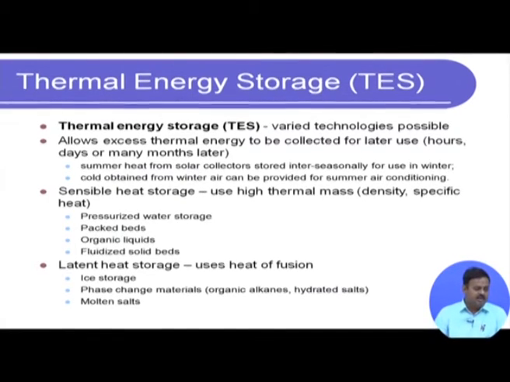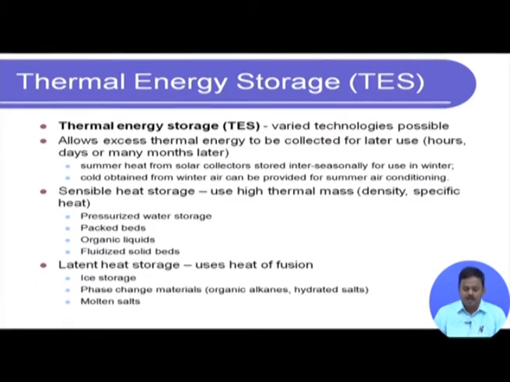The next two bullets are sensible heat storage and latent heat storage, which is exactly what we spoke about at the beginning. Under sensible heat storage, we typically use a high thermal mass.